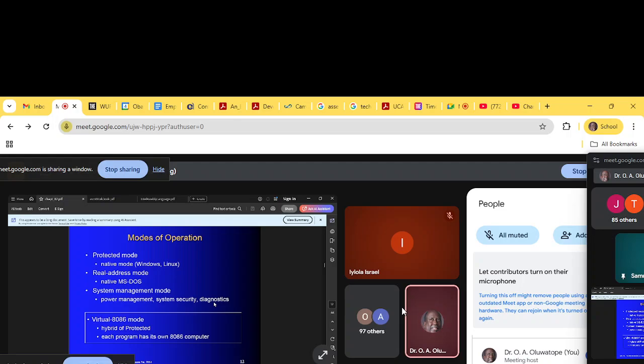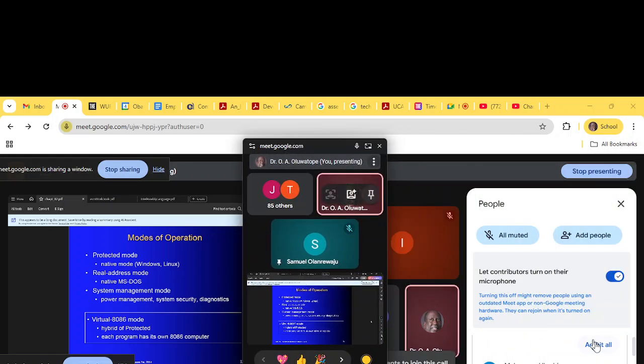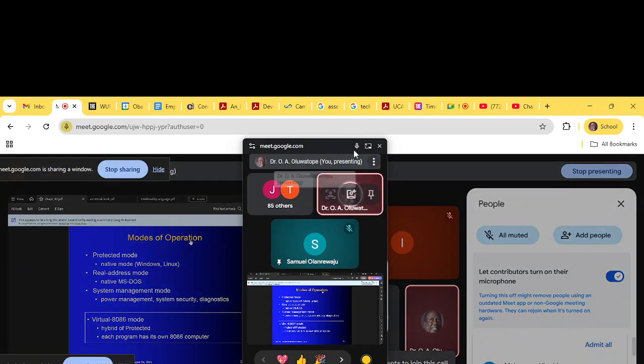Very, very limited. It does not support graphics, and it has a lot of challenges. But that has been upgraded. The weakness observed in MS-DOS was improved upon to produce protected mode.